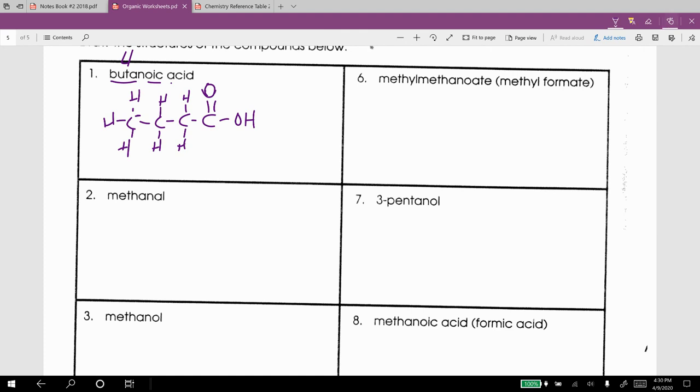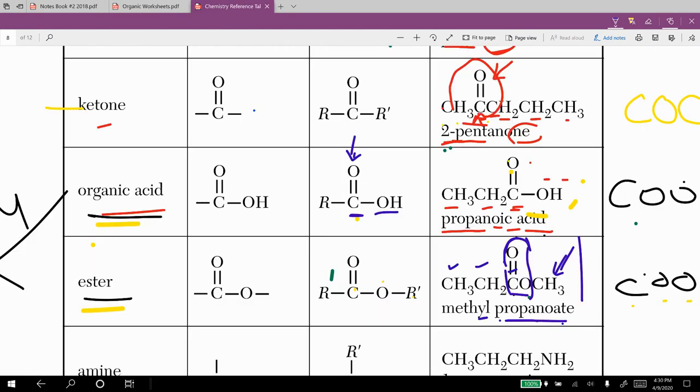So looking very carefully at my endings, I have the ending -al. So this tells me that's an aldehyde. And then meth- means 1 carbon. So I have 1 carbon, and I need to make it look like the aldehyde.